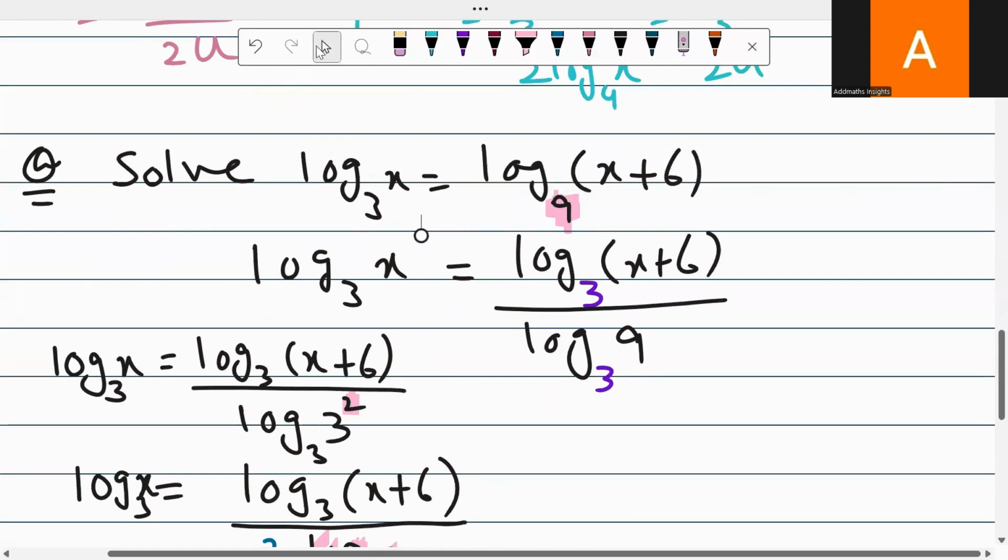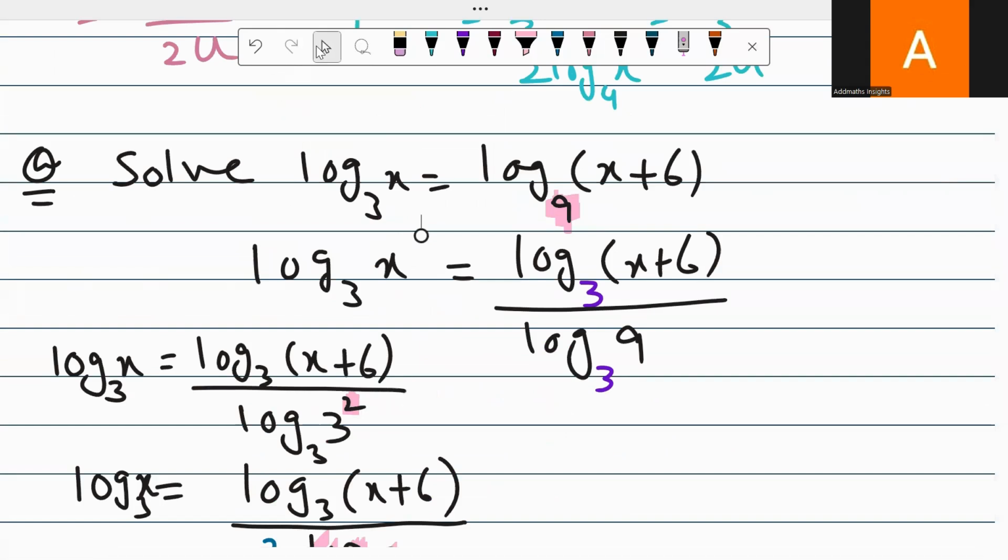When you substitute 3, log 3 3 is 1, 3 plus 6 is 9, log 3 9 is 2, so both sides match. So it means that 3 is the correct answer. When you substitute the second value, which is -2, as the logarithm of a negative number is not defined, x equal to -2 is not a solution of the original equation.